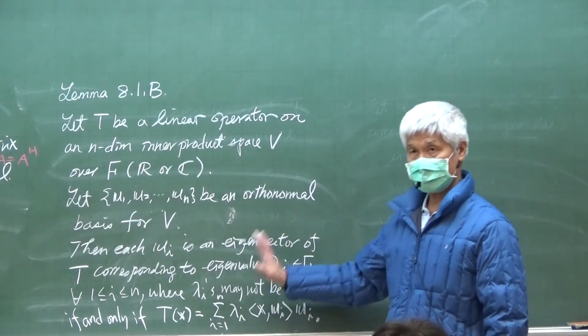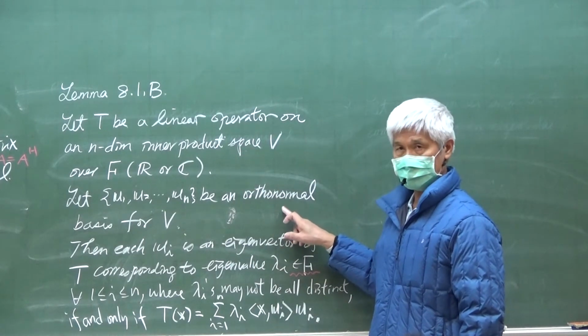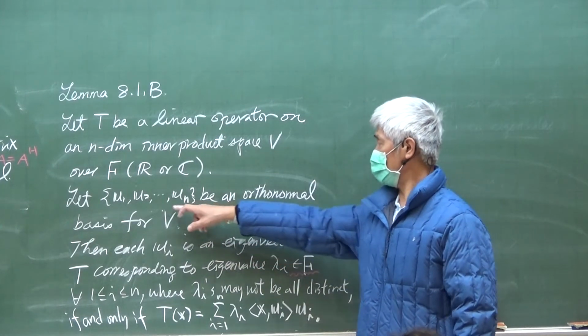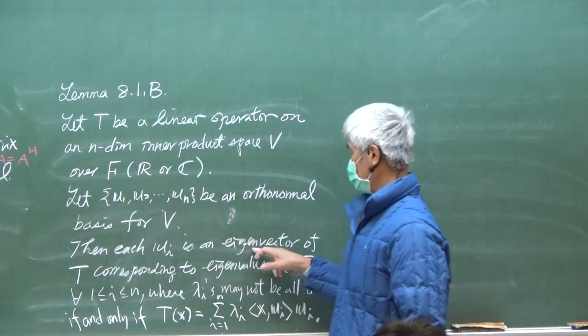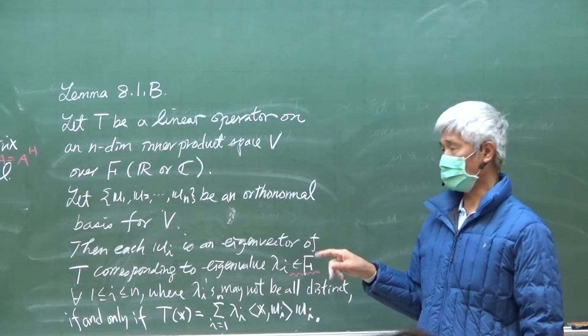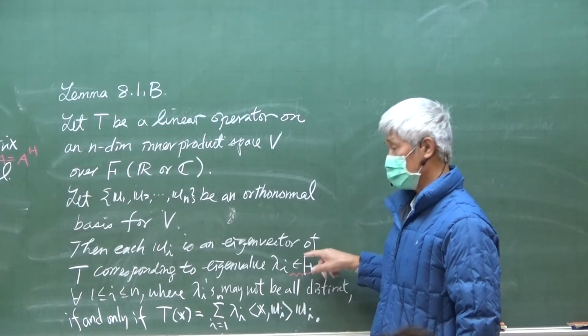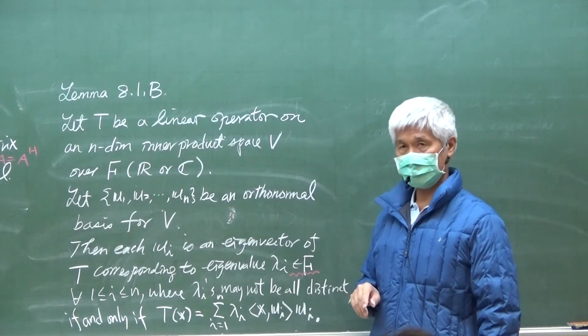Of course, in this case, this orthonormal basis is an eigenbasis, because each vector in this basis is an eigenvector of T corresponding to eigenvalue lambda i in the same scalar field.